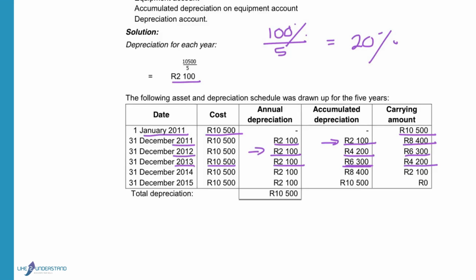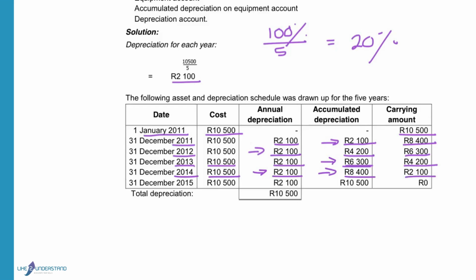At the end of 2014, we write off depreciation on the 10,500 again, 2,100. Then we say the previous year it was 6,300 plus the 2,100 gives me 8,400. What is the value of the asset? 10,500 minus 8,400 gives me 2,100.